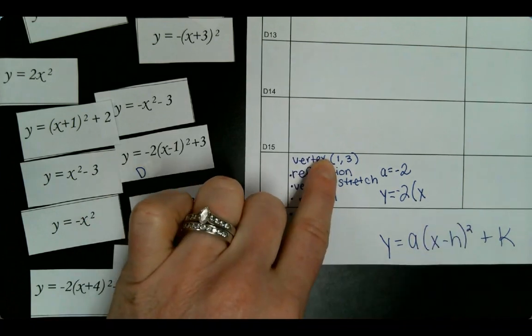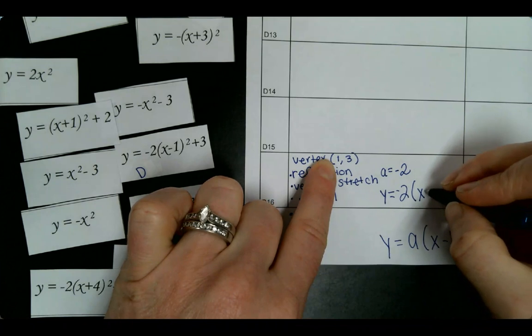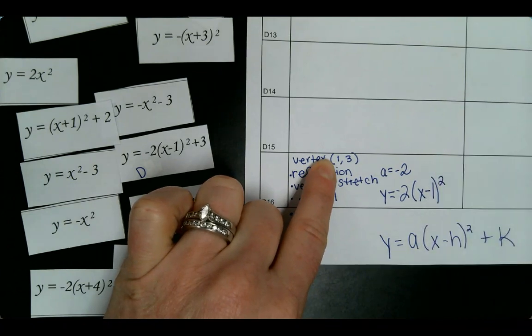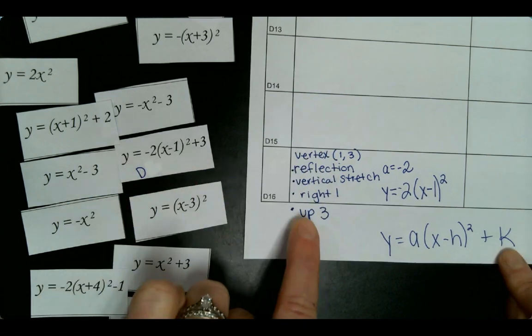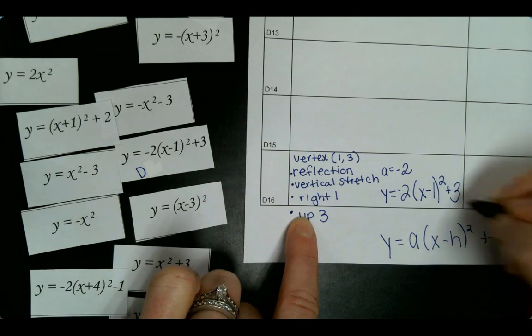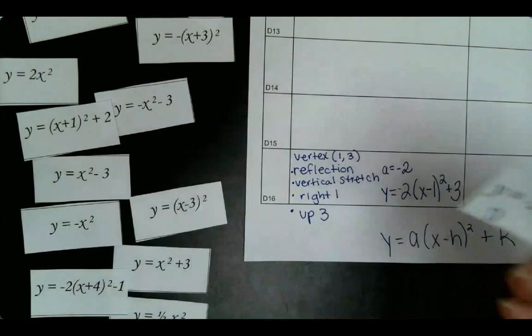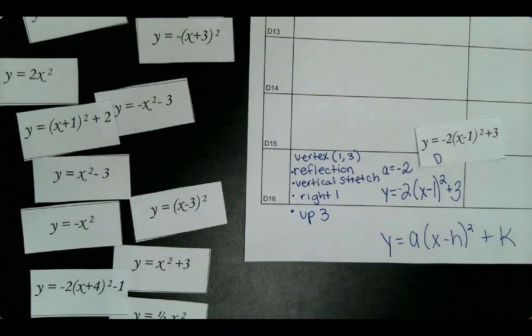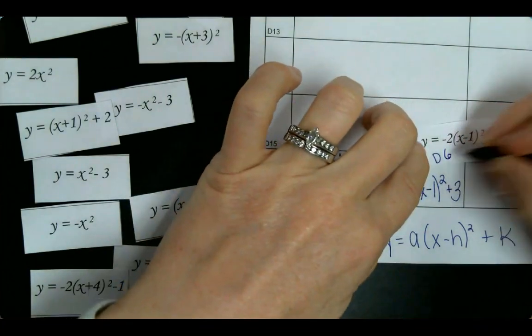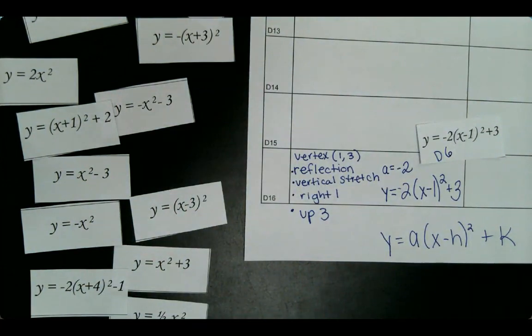So instead of this being 1, it's going to be your crazy x minus 1 squared. And then k, up 3. Now find it in your pile, and go ahead and label your 16.